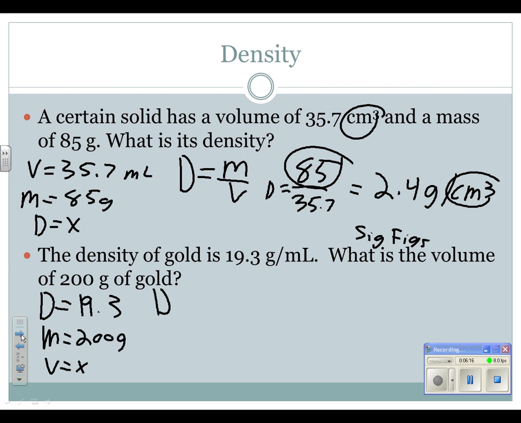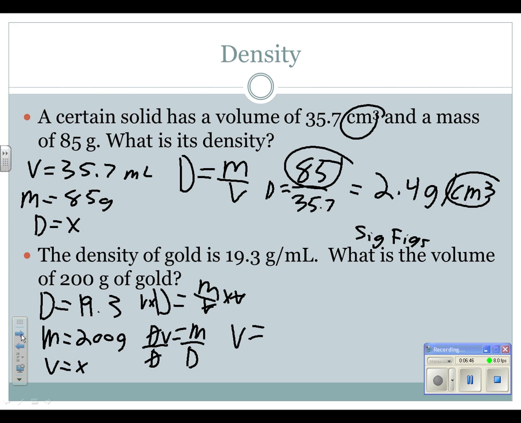Well, density equals mass over volume. Now you can do this 2 ways. You can plug in your numbers and arrange those around. I always prefer to rearrange my symbols first, because then I don't have to worry about where I put the decimal, and that's just the way my brain works. So I'm going to isolate the V, so I'm going to multiply the V out, and I get dV equals M. And I'm going to divide the D out on both sides. That will cancel.